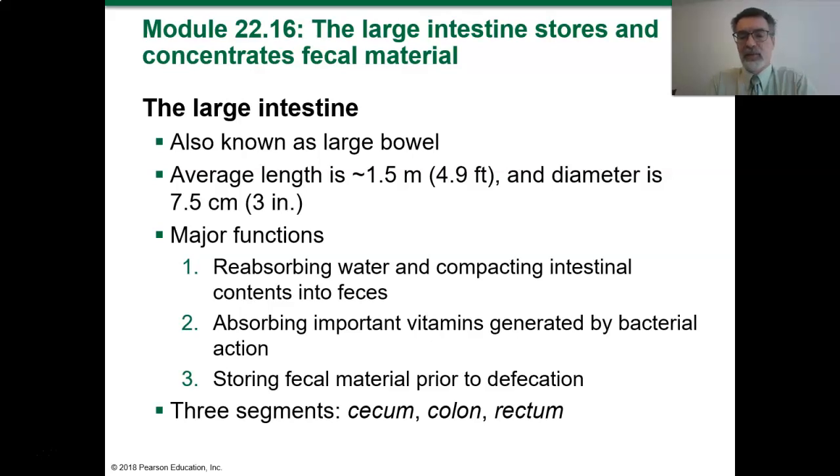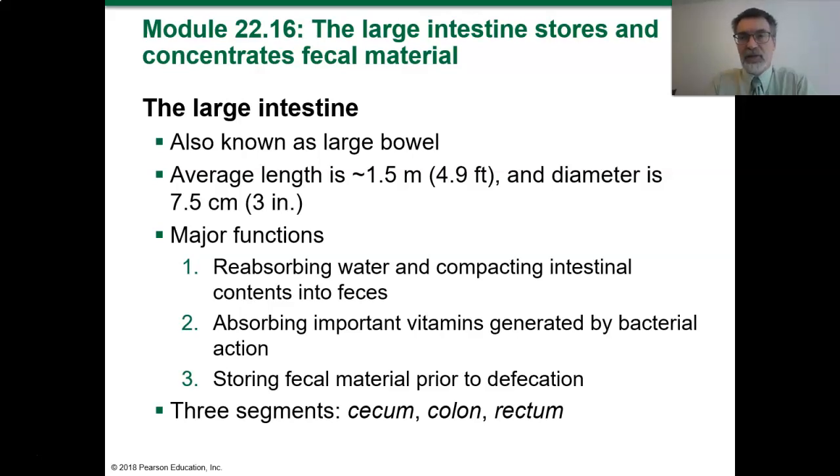Some vitamin absorption occurs in the large intestines from bacteria that exist there. So bacteria are going to be digesting some of the plant fibers and nutrients, or the leftovers of our nutrients that we couldn't digest and absorb. They're going to be breaking that down, but also producing some vitamins.